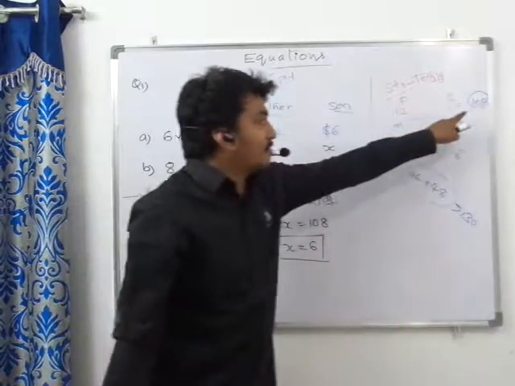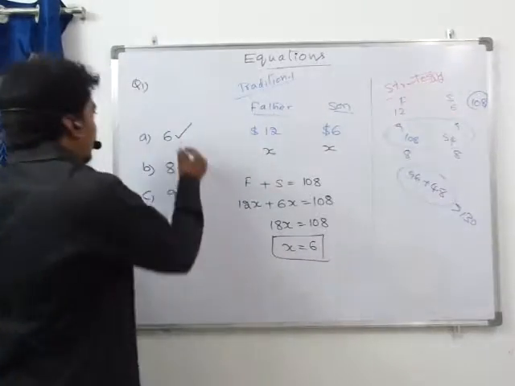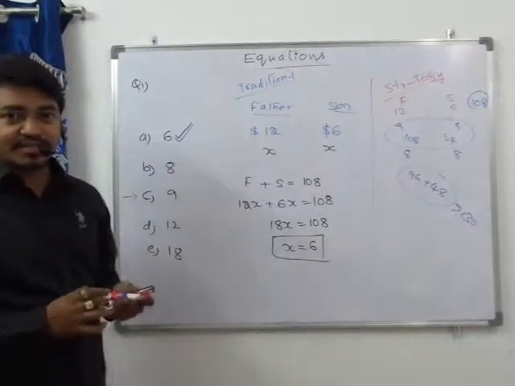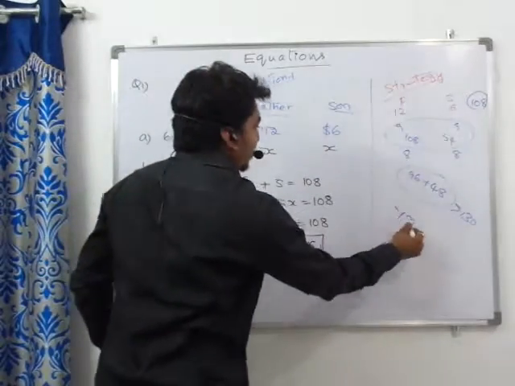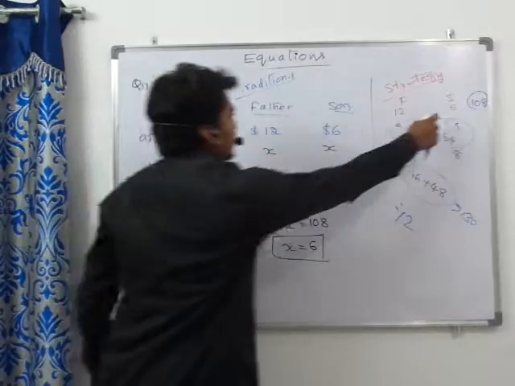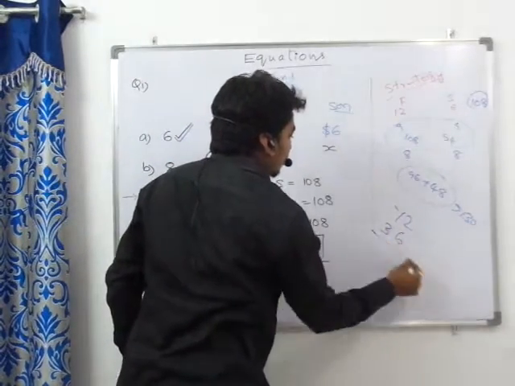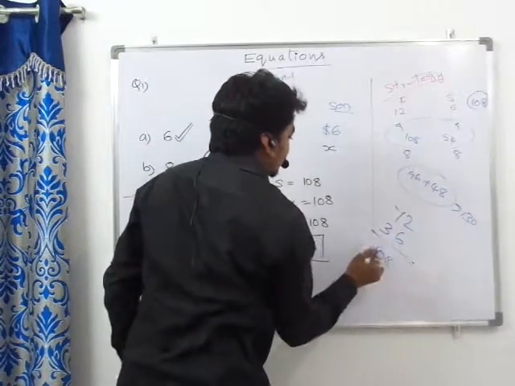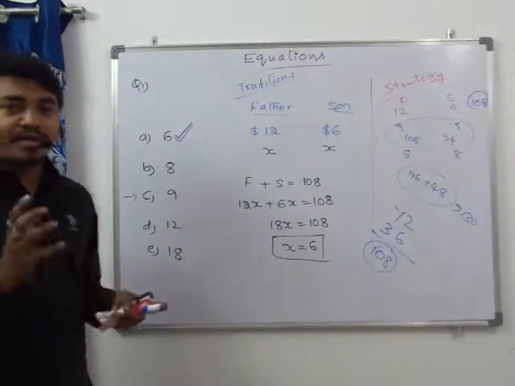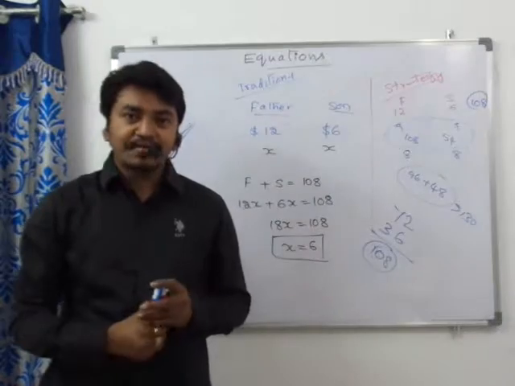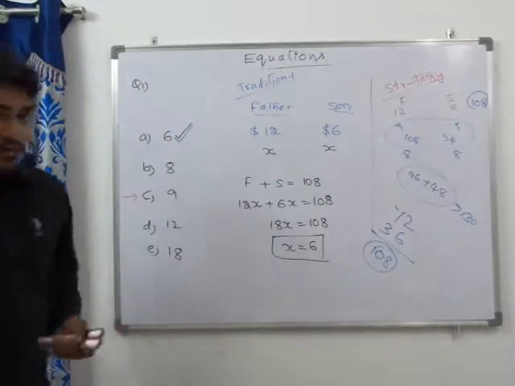But here the labor charge is only 108, so you can cross it. Check 6. 12 sixes are 72, 6 sixes are 36. What is the total combined labor charge? 108, no? Likewise, you can check the answer options if you are unable to form a linear equation. Let us go through it once again.